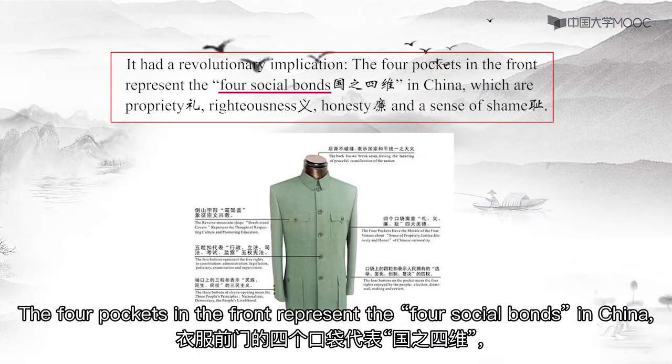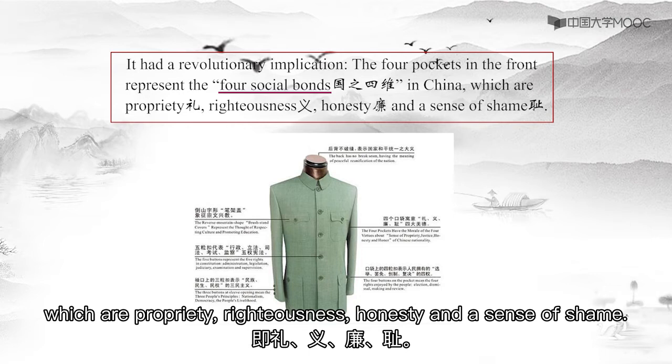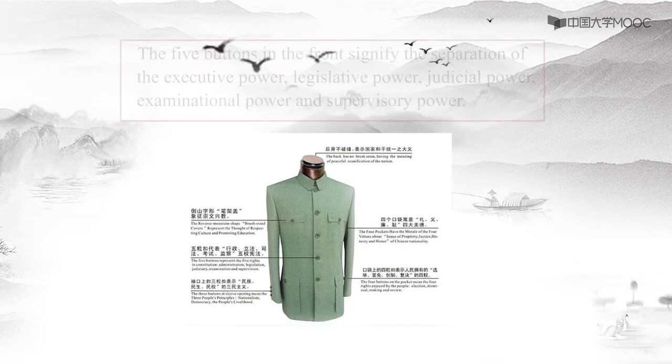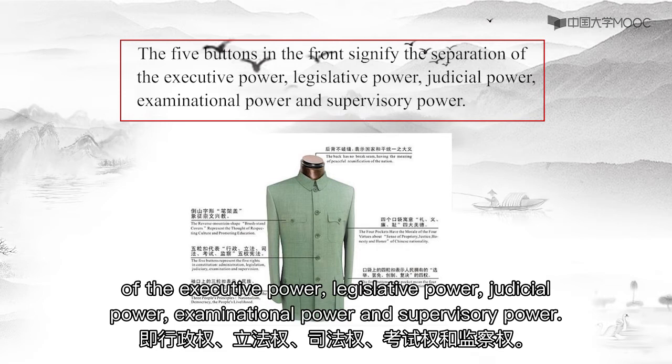The 4 pockets in the front represent the 4 social bonds in China, which are propriety, righteousness, honesty, and a sense of shame. The 5 buttons in the front signify the separation of the executive power, legislative power, judicial power, examinational power, and supervisory power.